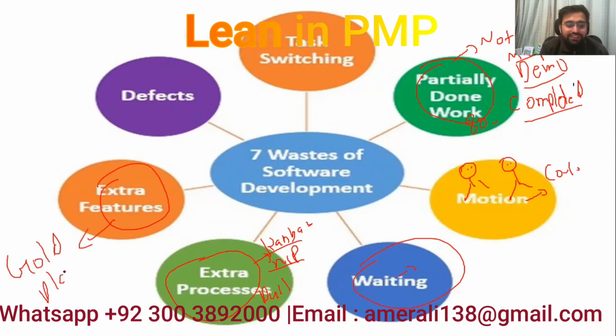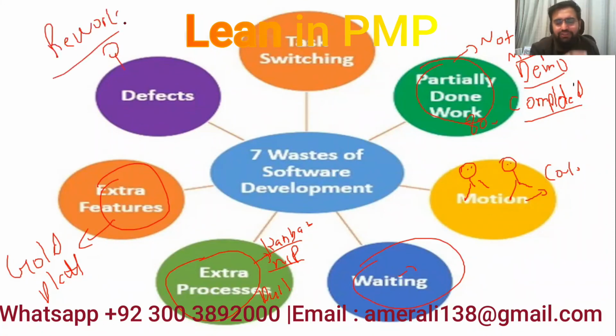Gold plating is not accepted at all in agile or predictive environments. We make a change control system there. We try to deliver higher business value, and customer collaboration so the customer knows what is being built and what is expected. Defect, any kind of defect or rework that you have to do, is a waste of resources. So defects of any kind are considered waste.